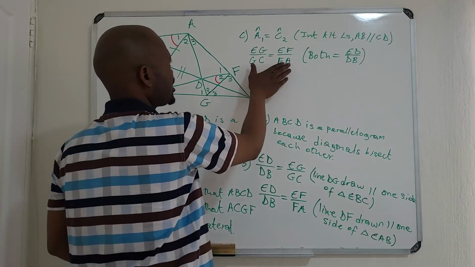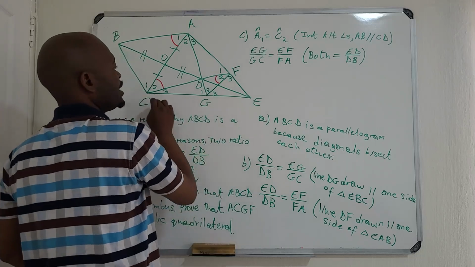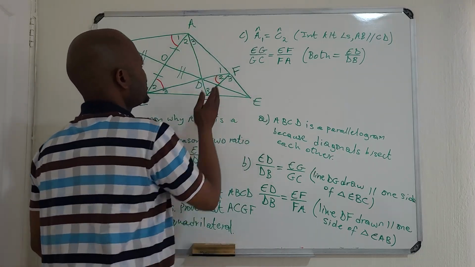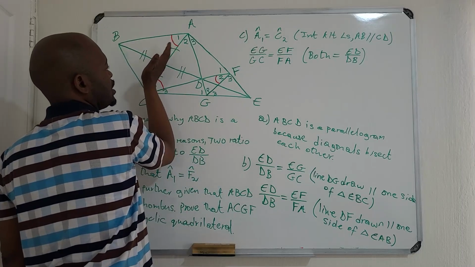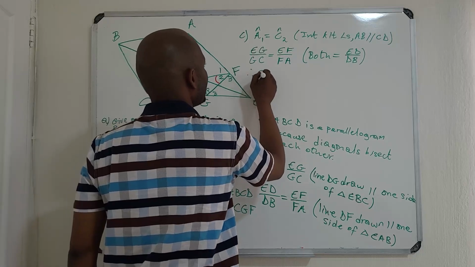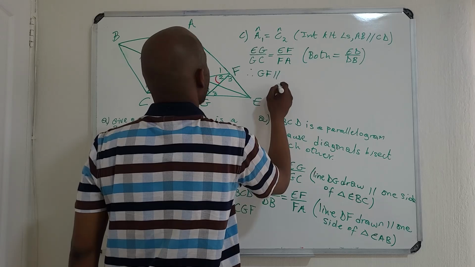Now, since this over that is equal to this over that, it means that this side is parallel to this side. It means that, therefore, GF is parallel to AC.